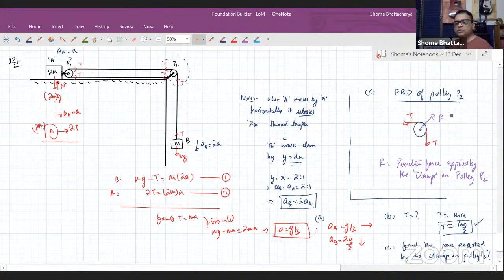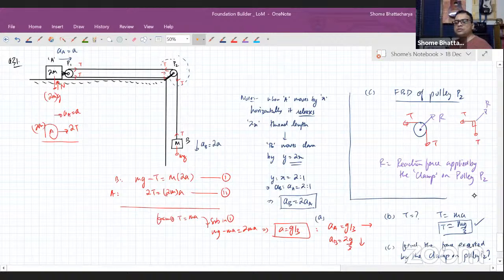Now you can see these two tensions are perpendicular to each other. In a proper vector diagram, they are perpendicular to each other, and R is balancing them. So R should be equal and opposite to the vector sum of these two tensions. What will R come out to be here?